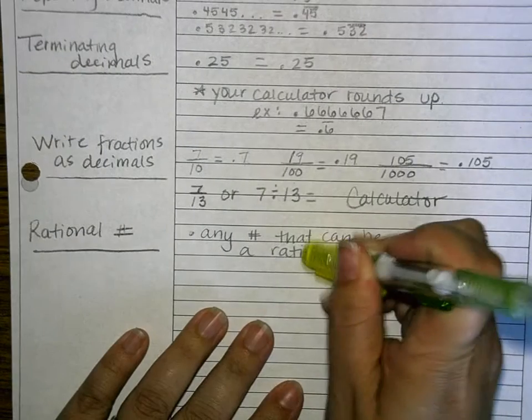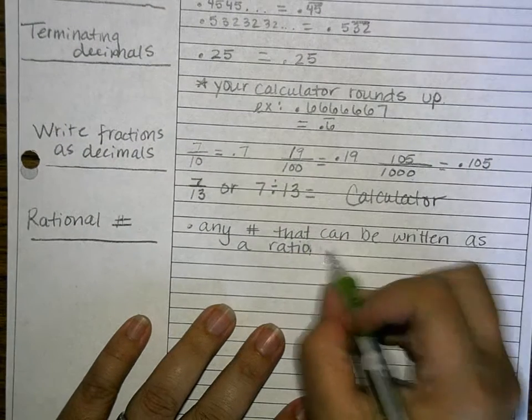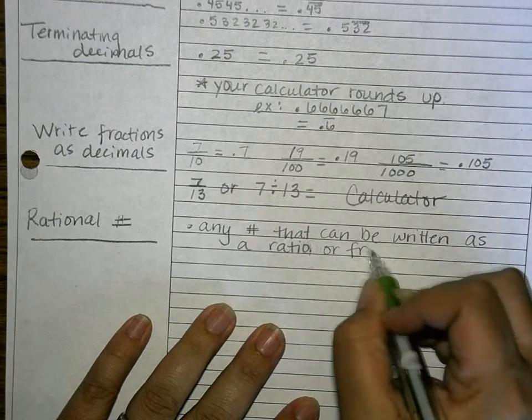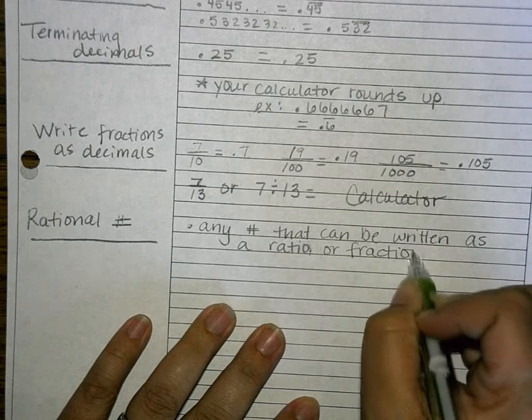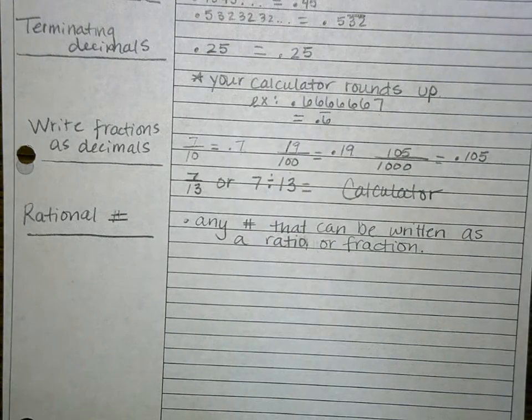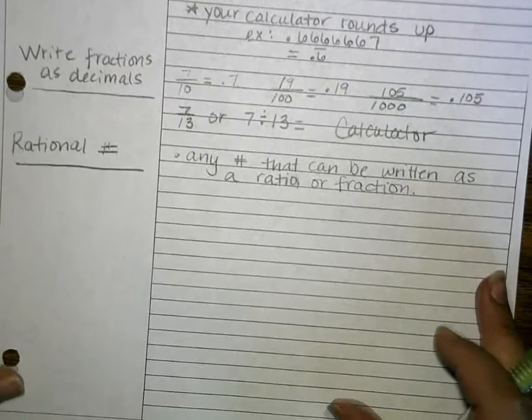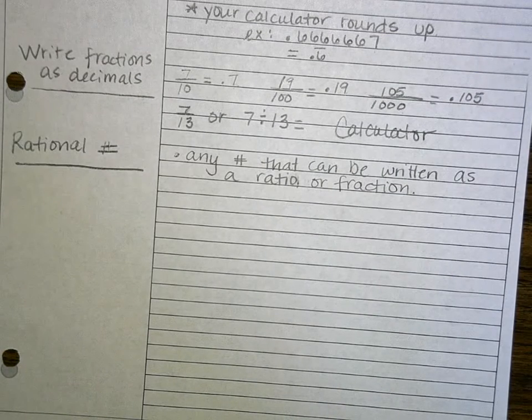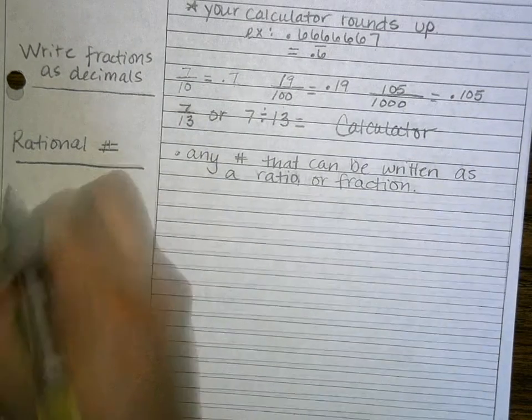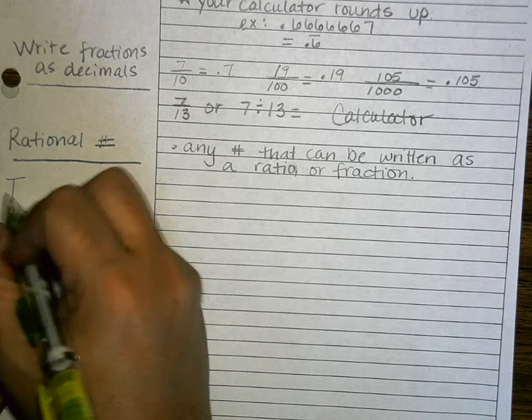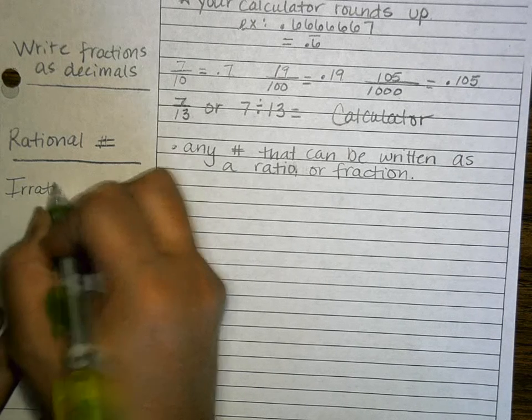And you'll notice ratio is in the first part of rational, right? The root word. Okay. So things like decimals, fractions, percentages, those are all rational numbers. And then there's another kind of number, not as common, called irrational. So it's the opposite.